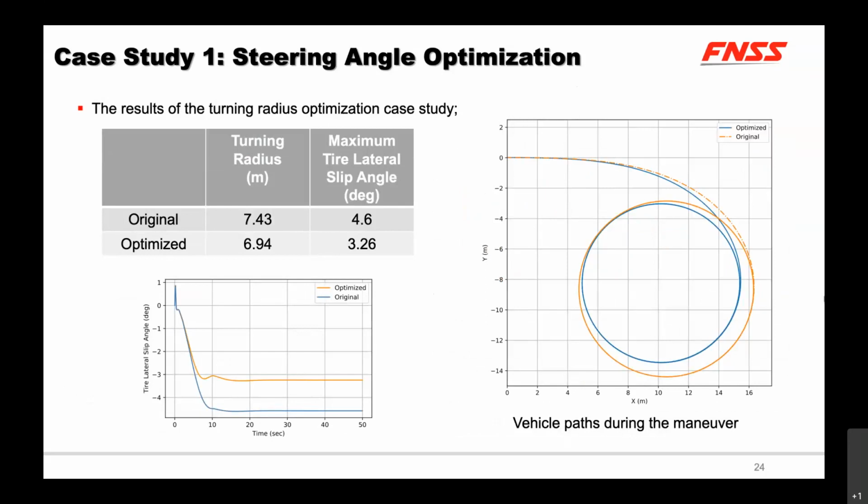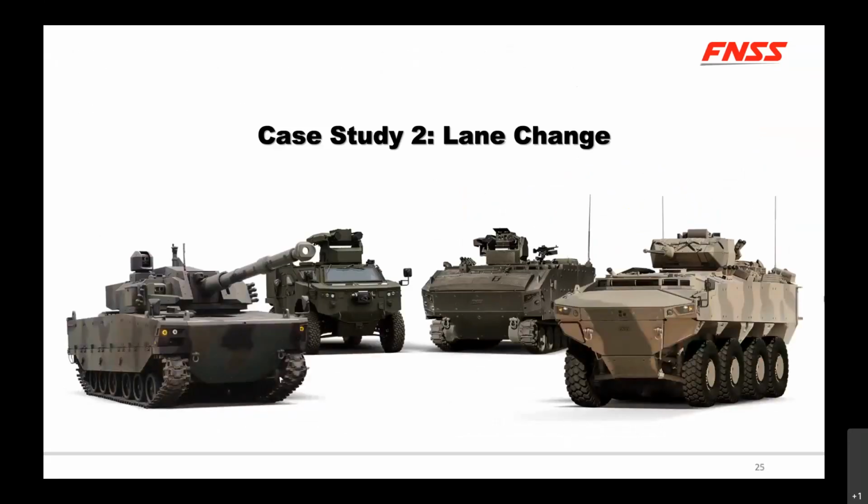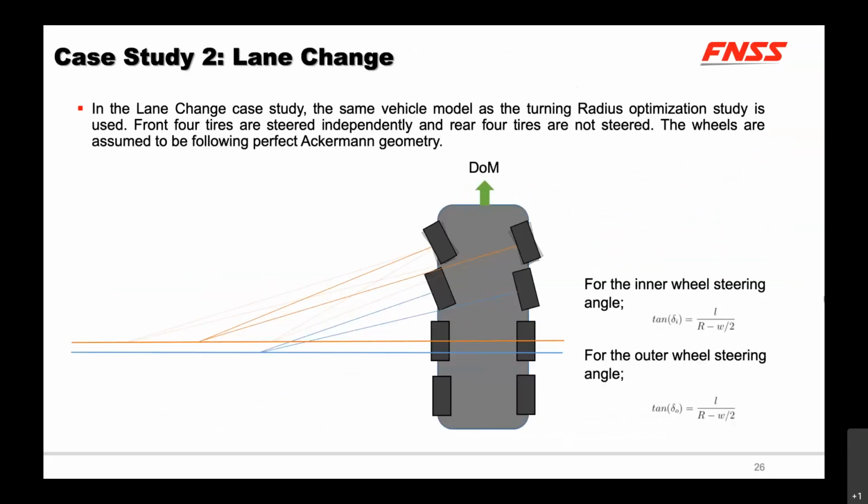In the second case study, we are working on a lane change maneuver. For this maneuver, we have the same vehicle as the first case study, and the wheels are independently steered as well, but this is a high-speed double lane change maneuver, so we are not steering the rear four tires, and the front four tires are linked together with Ackermann functions in the same axle, and there is a gain between the first and the second axle.